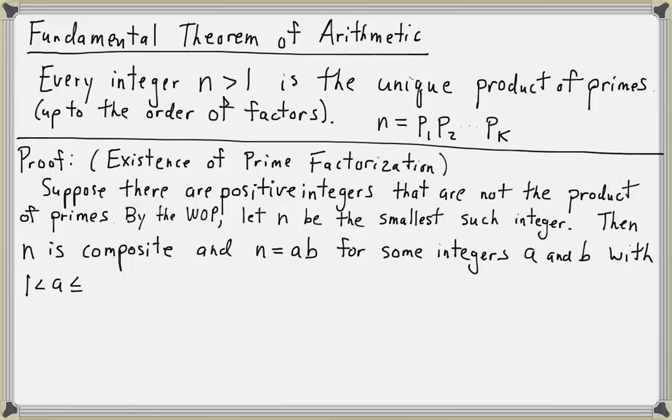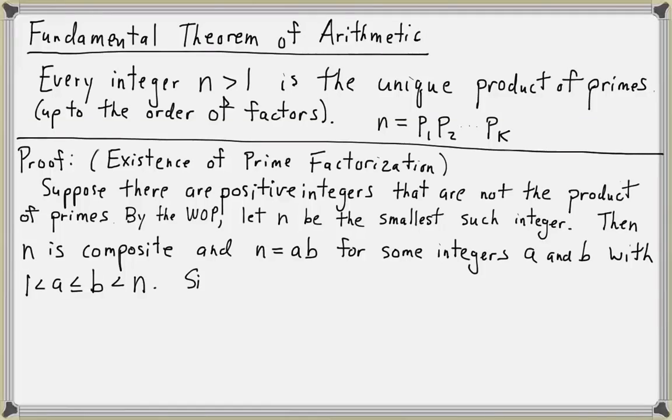So 1 is less than a, which is less than or equal to b, which is less than n. Well, since a and b are less than n, then they must be the product of primes, because we assumed that n was the smallest number that was not a product of primes.